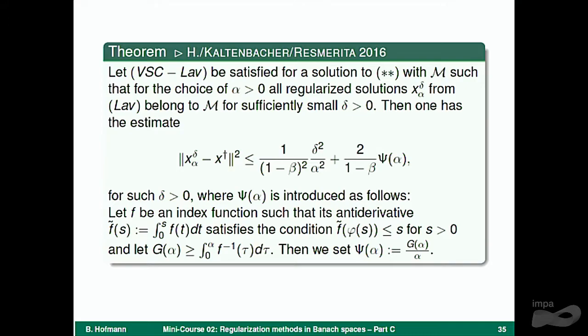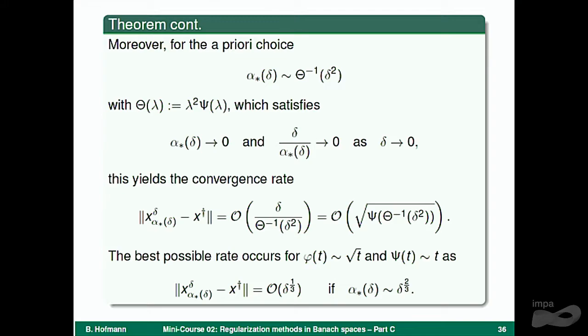One can introduce this psi, this capital psi function. Let f be such an index function we have here, such that its antiderivative satisfies such a condition, and G has this property. Then we can formulate G divided by alpha, very technical, but it makes sense.